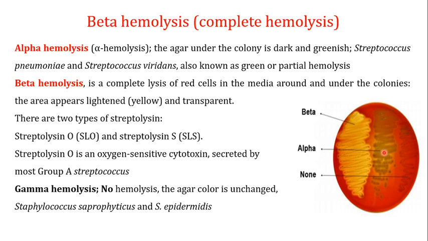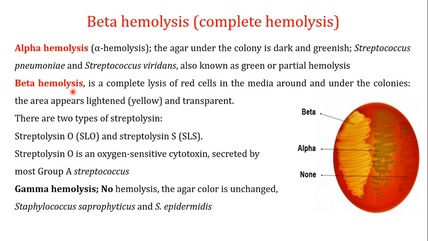If you grow a bacterium like Streptococcus pneumoniae or Streptococcus viridans on a blood agar medium, you get this green color, and this green color means that the bacterium has alpha hemolysis, or partial hemolysis.